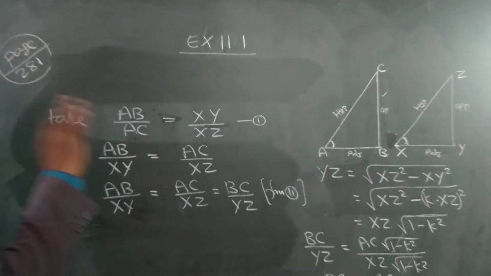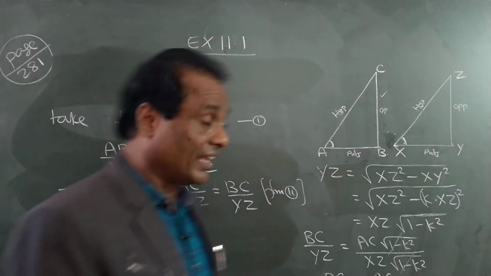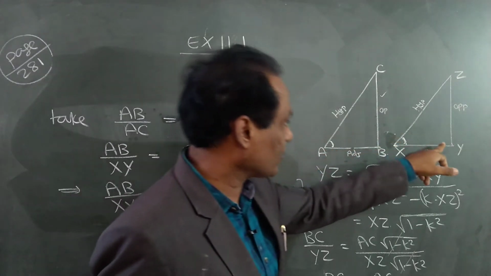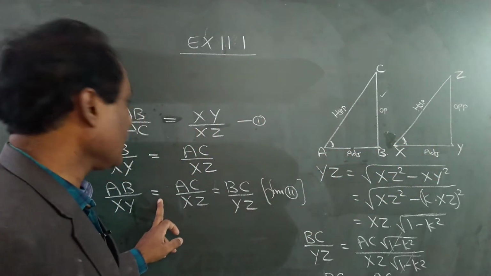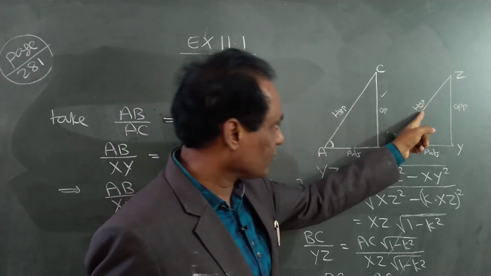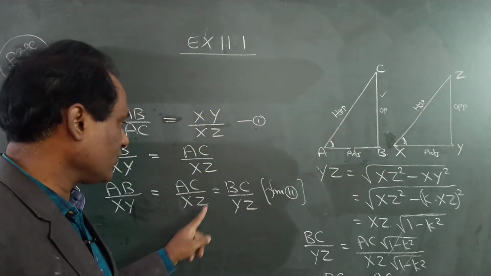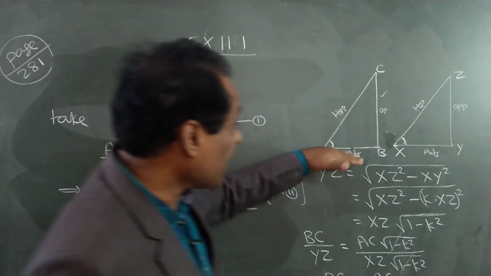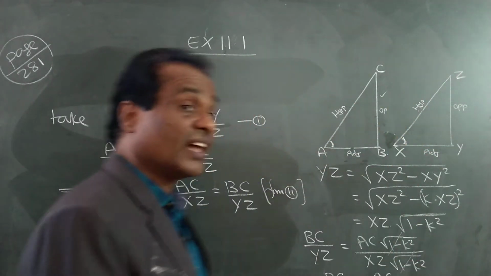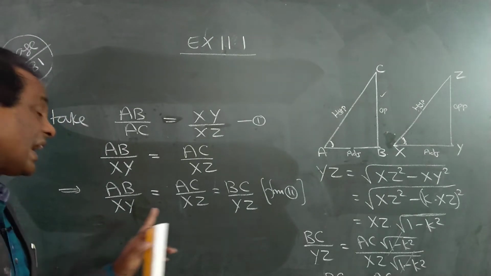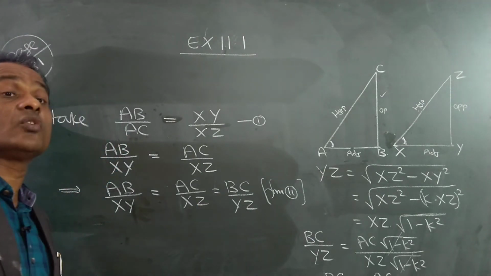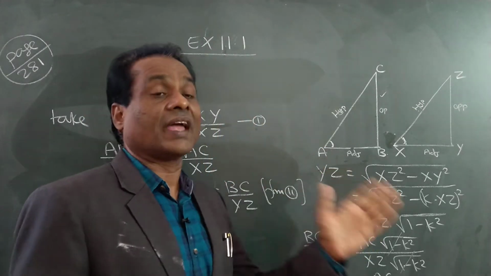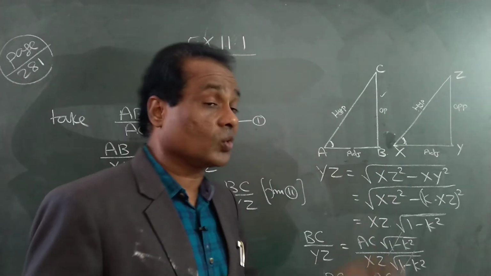Now, if you observe these two triangles, see here, AB by xy is equal to AC by xz is equal to BC by yz. If the ratio of corresponding sides are equal, this is side similarity. You studied in the 9th class, SSS similarity. Side similarity between the two triangles.